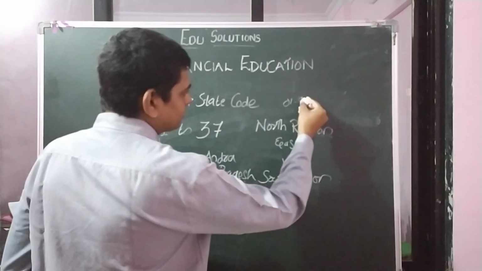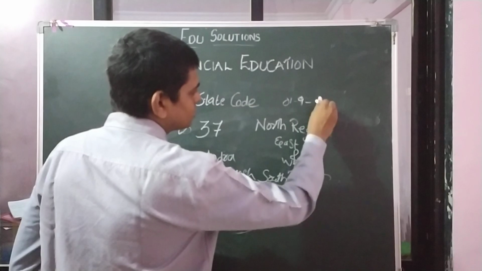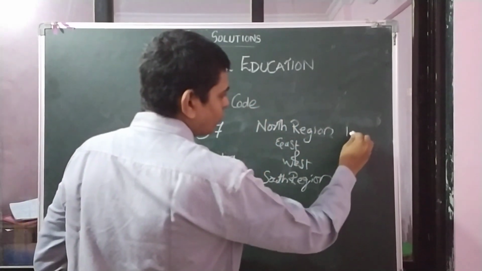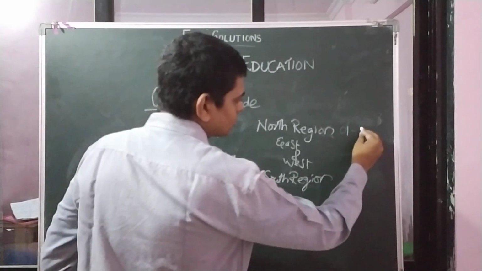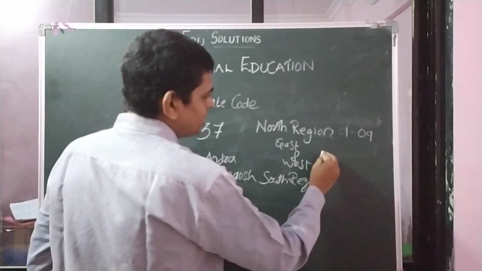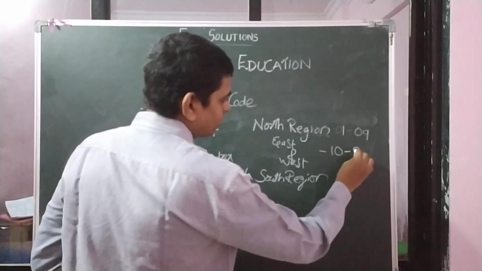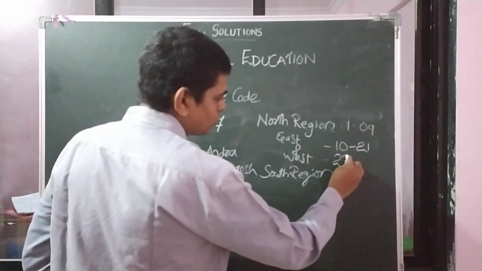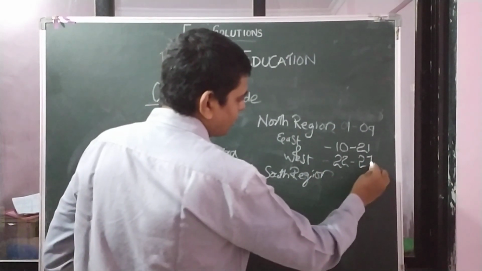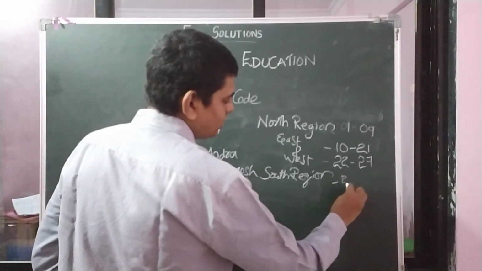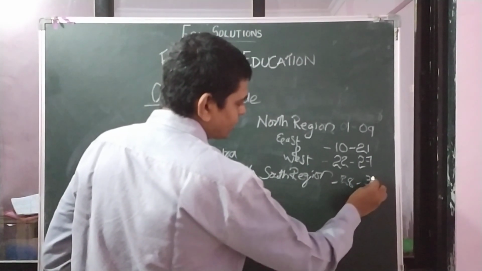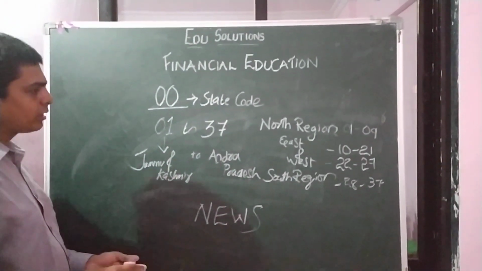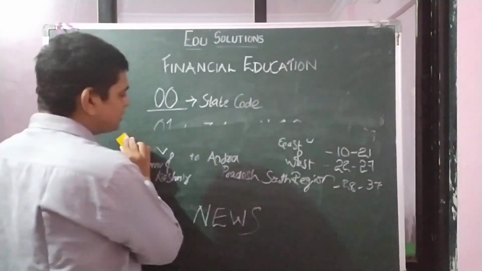North region is 01 to 09. Then east comes from 10 to 21. Central also comes in the west area, which is 22 to 27, and the rest, 28 to 37, is south. You can see the description page for detailed state codes for each state.